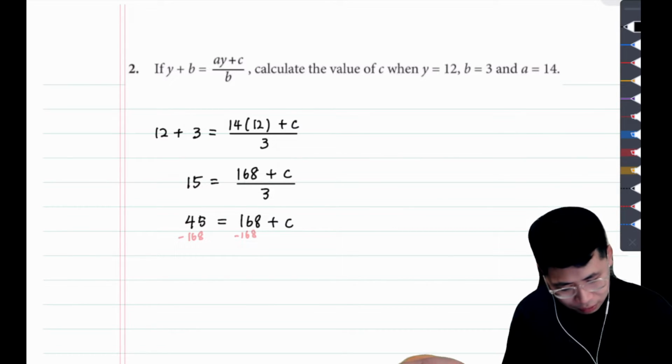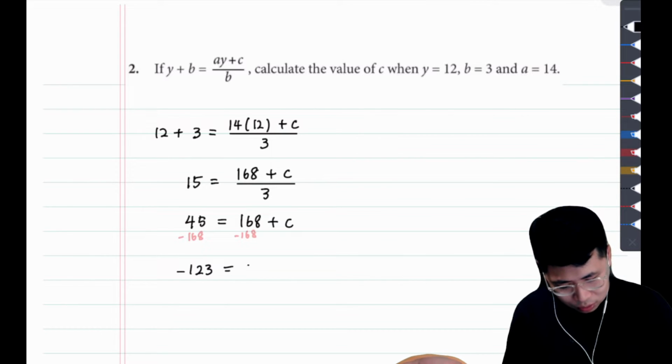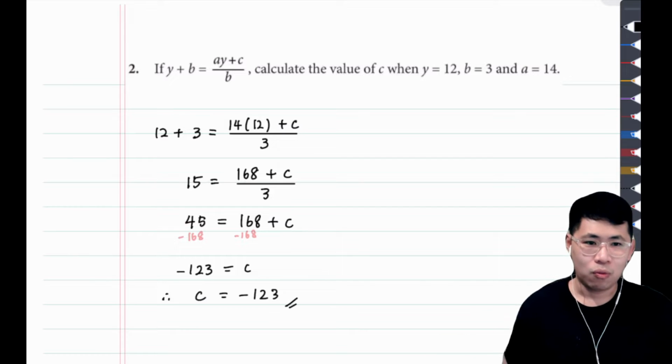What we have is negative 123 equals C. So the final answer is C equals negative 123. We have found the value of C when y is 12, b is 3, and a is 14.